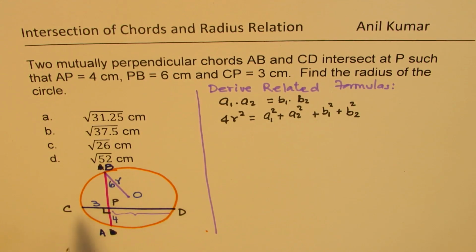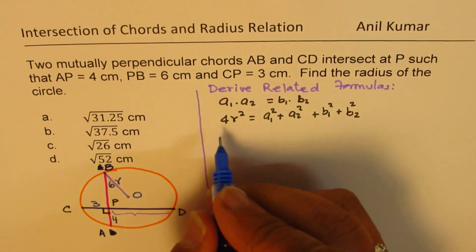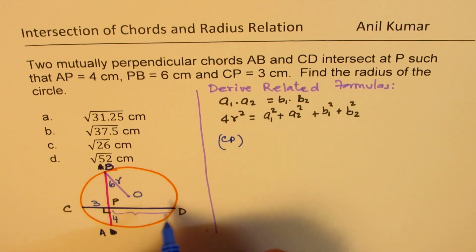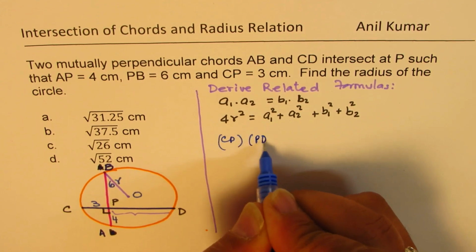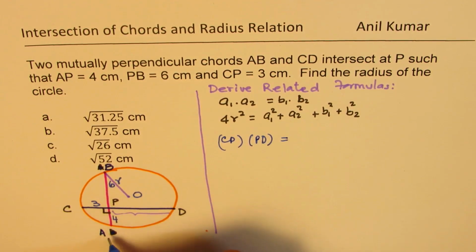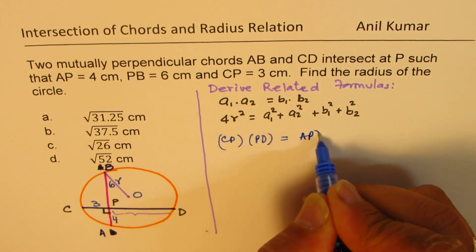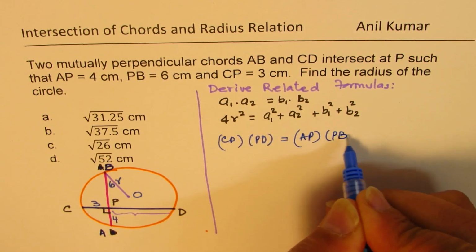Now let's look into this. So we basically need to find what PD is. So what we know from here is CP times PD should be equal to AP times PB, correct?